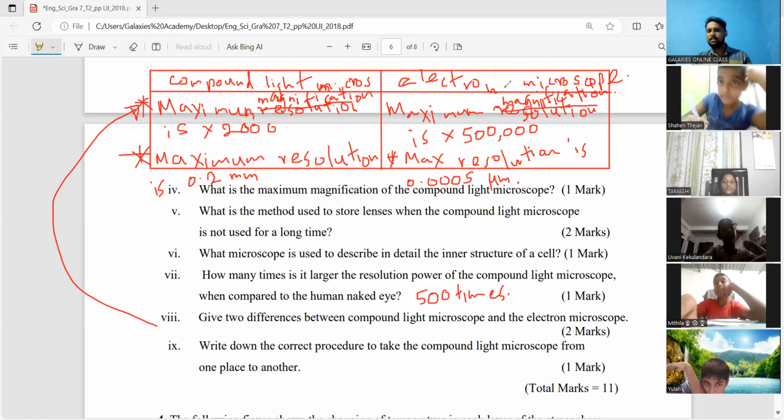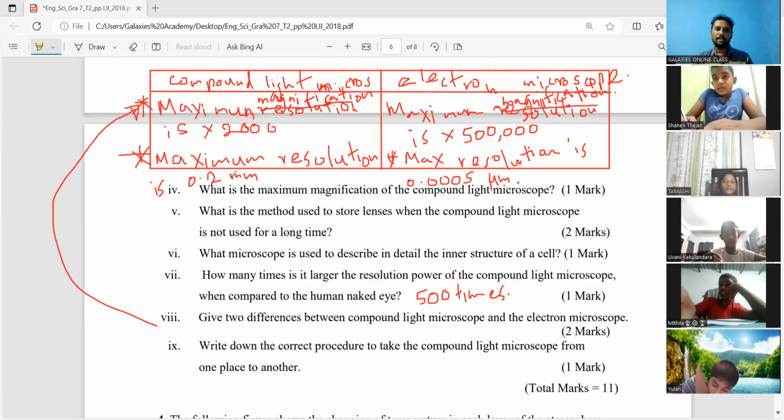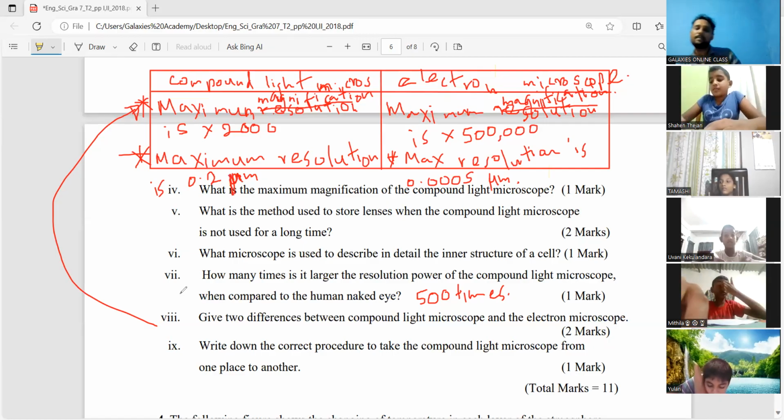Micrometer, huh? Sorry, this one should be micrometer. 0.2 micrometer. Right.